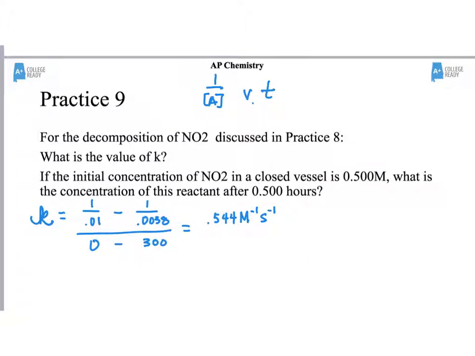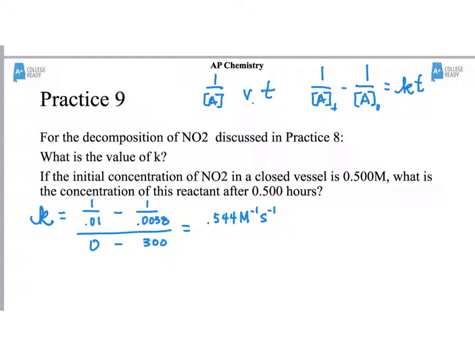So for that graph, the equation from our equation sheet is 1 over concentration at time t minus 1 over the initial concentration is equal to little k times t.